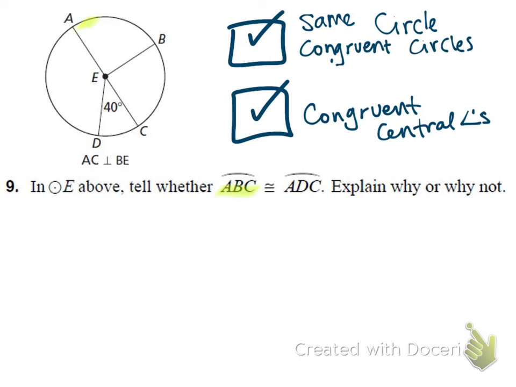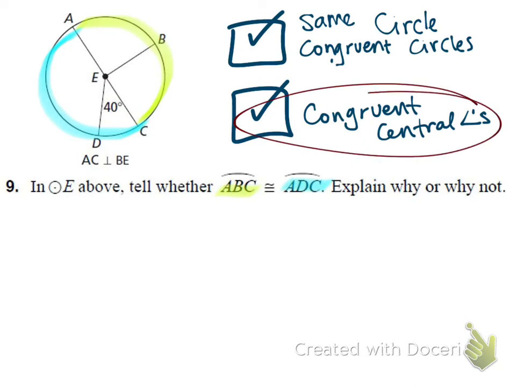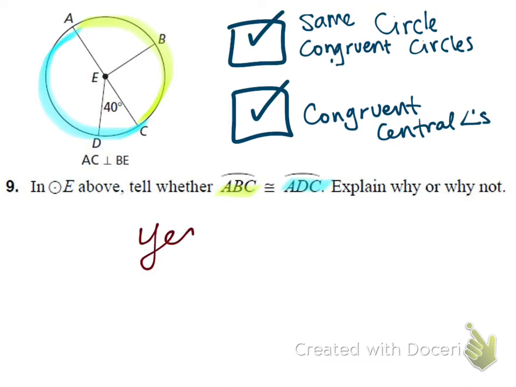So ABC, how many degrees is ABC? 180. Then we have ADC. How many degrees is ADC? 180. So we definitely have congruent central angles. Are they in the same or congruent circles? Yes, they're in the same circle. So this would be a yes. Explain why or why not. They're in the same circle, and you can say, and they have congruent central angles.